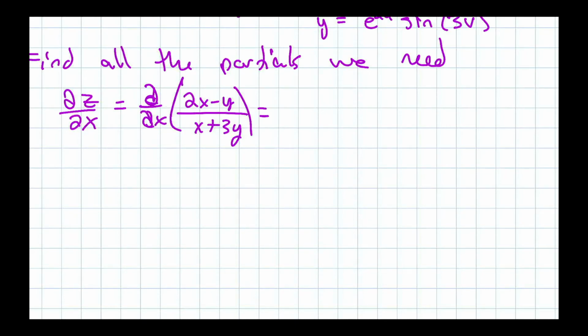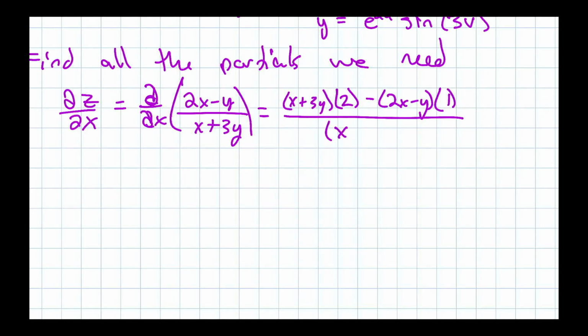The quotient rule would be the bottom times the derivative of the top with respect to x, which is 2, minus the top, 2x minus y, times the derivative of the bottom with respect to x, which is 1, all over the bottom squared.